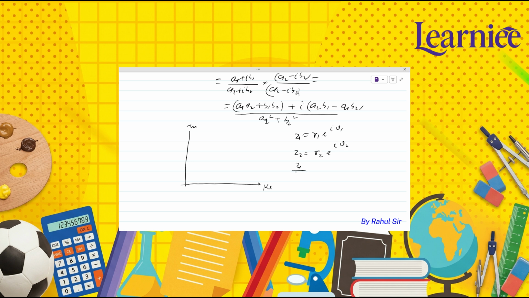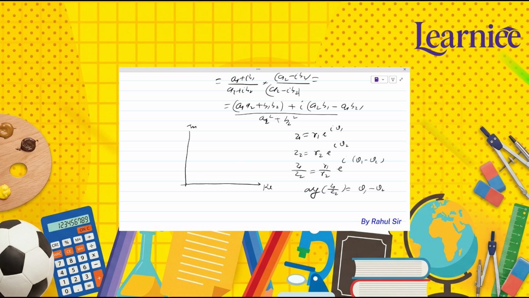So what is z1 upon z2? The modulus will be r1 upon r2, and z1 upon z2 will have e to the power I (theta 1 minus theta 2). So the argument of z1 upon z2 is theta 1 minus theta 2. That's quite interesting.